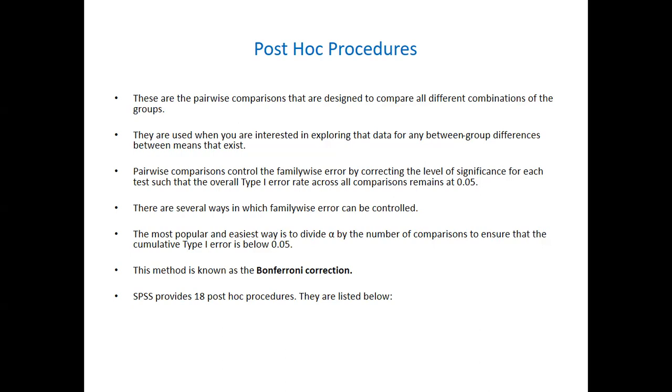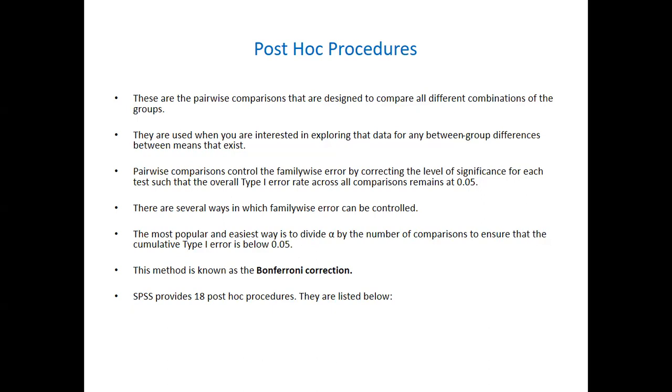If you are to pair them, there are different ways you can combine those groups. We have already established that for 3 groups, you pair them in 3 ways. For 4 groups, you pair them in 6 ways. For 5 groups, you pair them in 10 ways. Now, if you didn't find any difference, you can be sure that there's no difference anywhere. You rest your case. That will be the end of analysis.